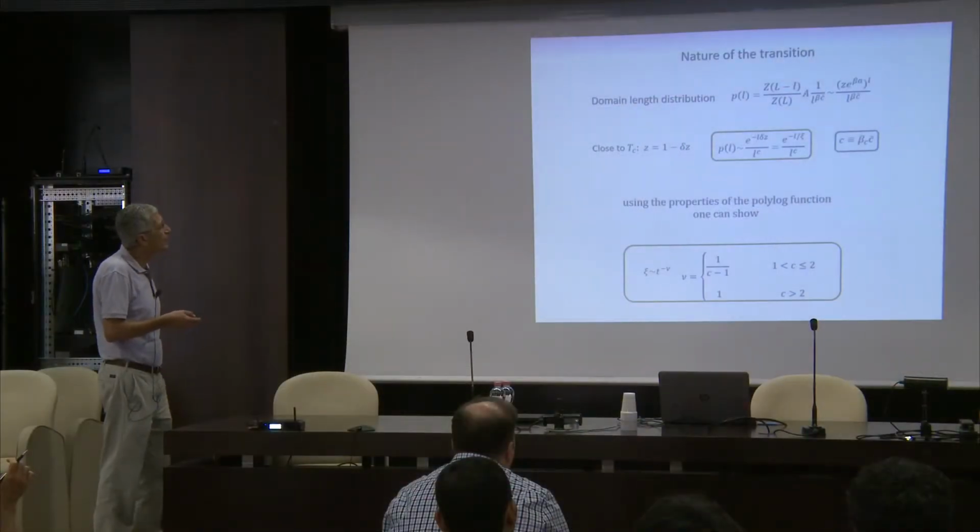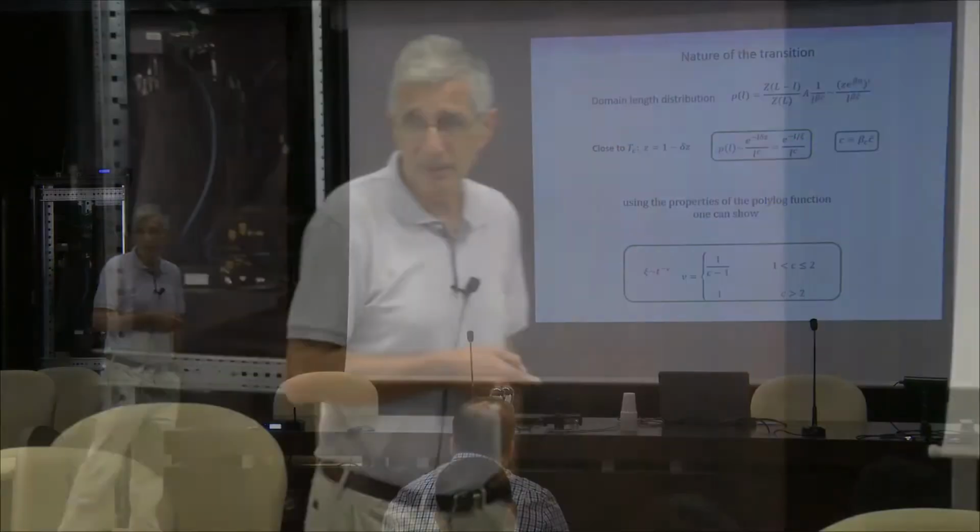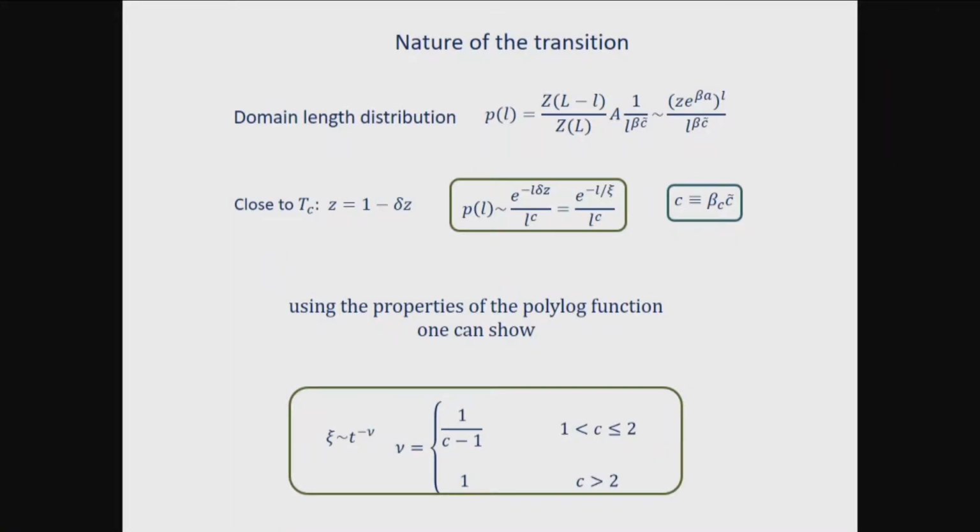You can analyze the way the correlation length diverges near the phase transition from the properties of this polylog function. And it turns out that xi diverges like t to the minus nu, where nu is given by 1 over c minus 1 if c is between 1 and 2, and it's just 1 if c is larger than 2.